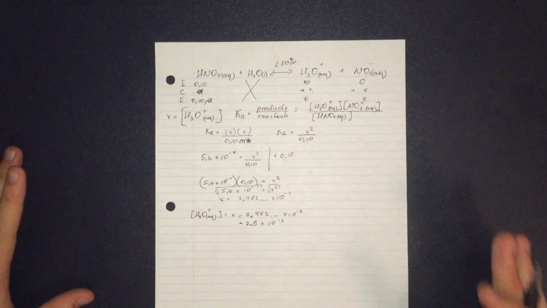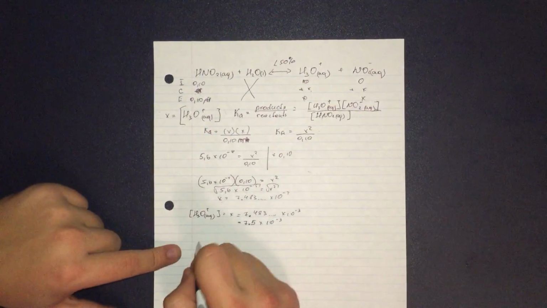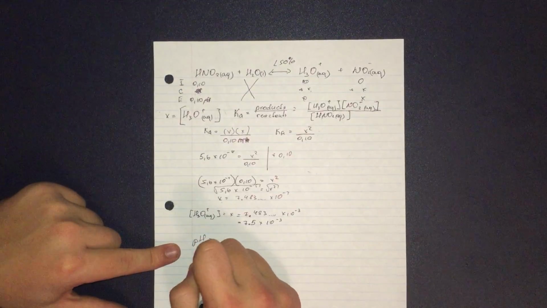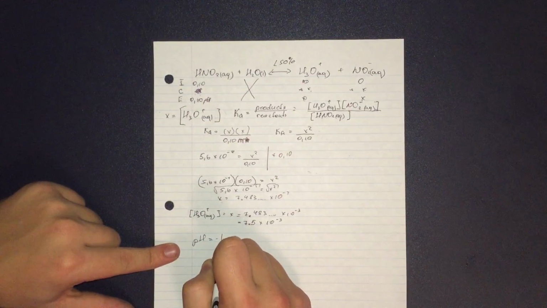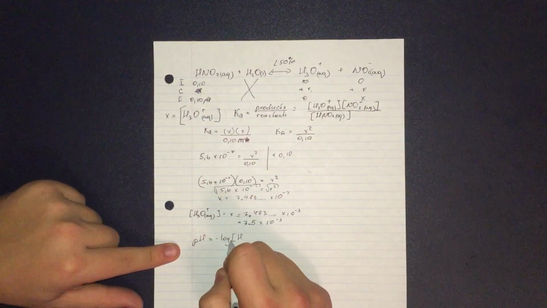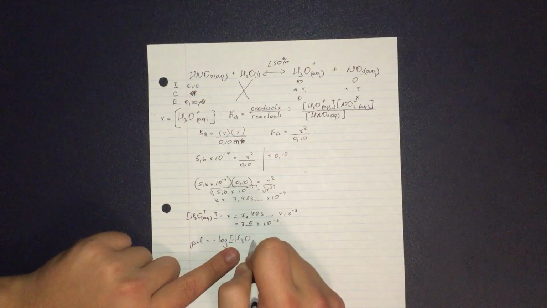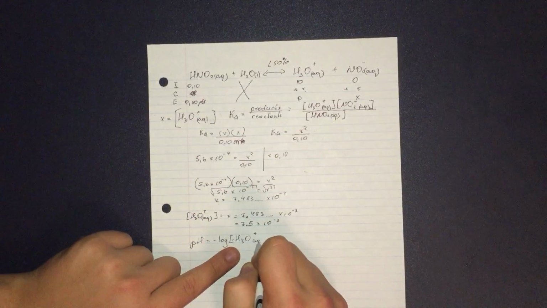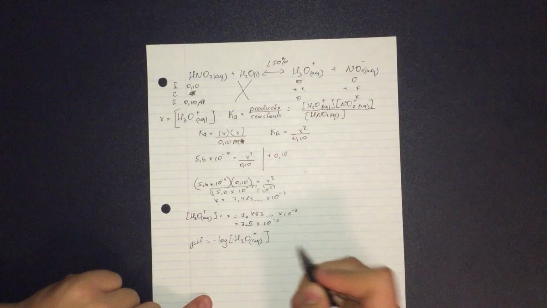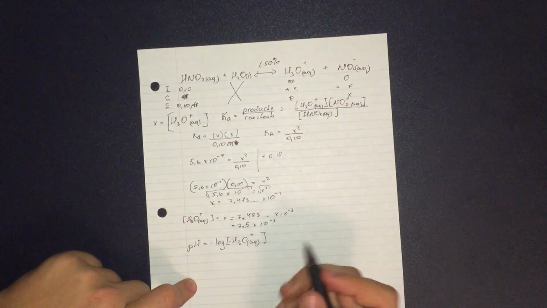The second thing what we're looking for is our pH. We know one formula. The formula is pH is equal to negative log times hydronium ion. We have our hydronium ion. That makes our life easy.